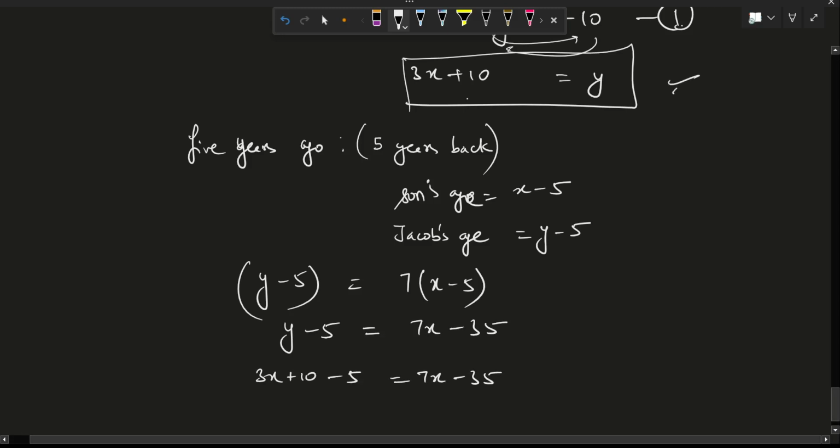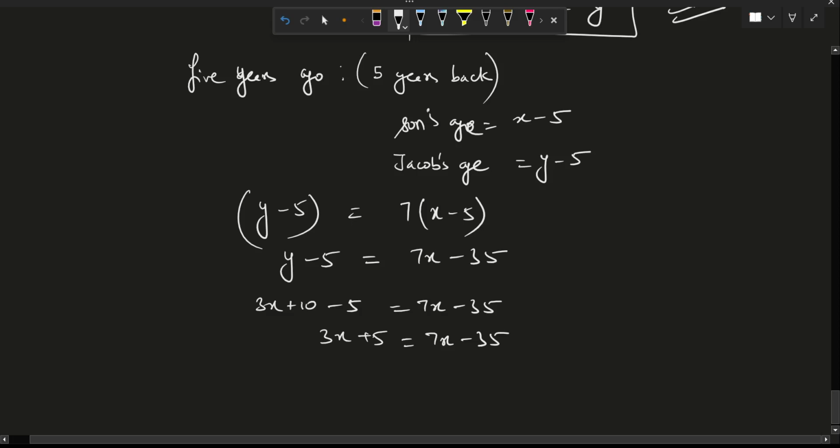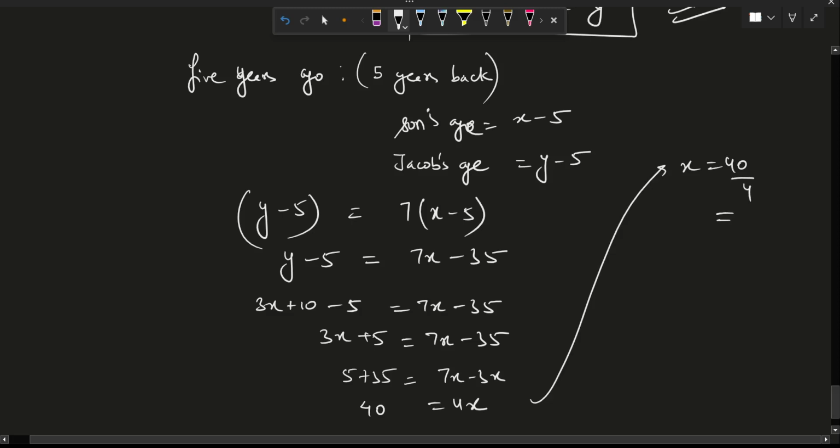I use this value for y. Solve it. You have 3x plus 5 is 7x minus 35. 35 here, 5 plus 35, 7x minus 3x, 4x, 40. So x from here comes out to be 40 by 4, 10 years.